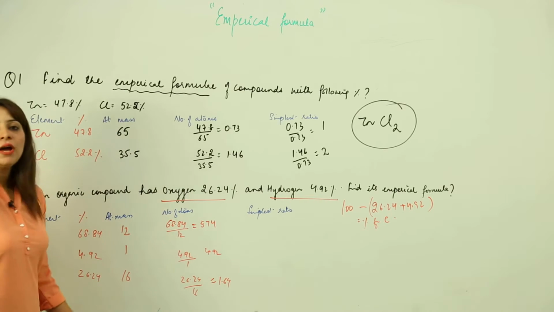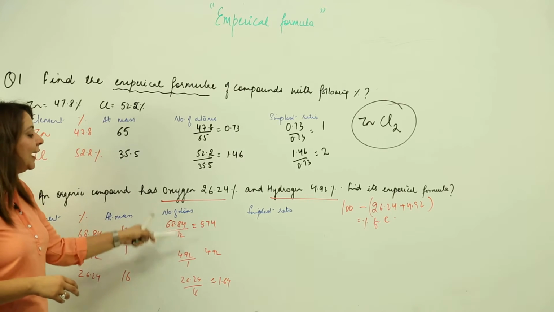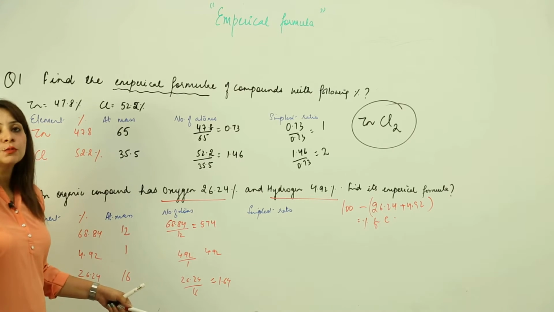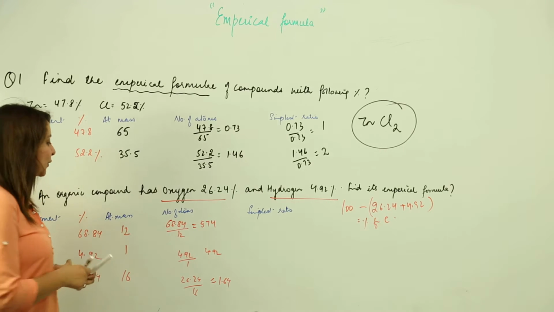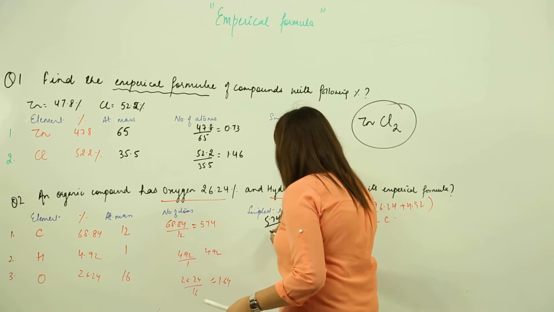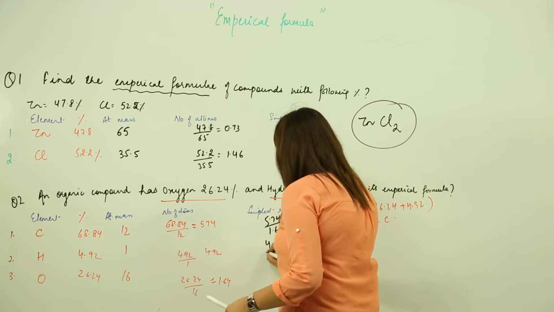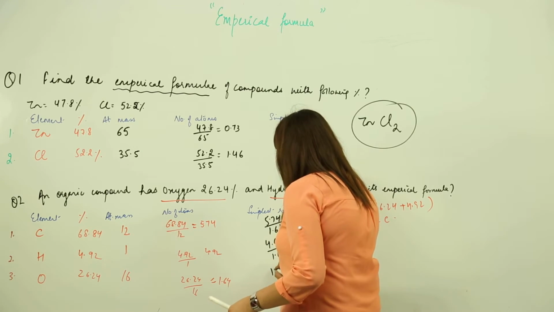You follow the same thing while calculating the simplest ratio. You need to divide these quantities by the smallest of them, which is 1.64. So we divide 5.74 by 1.64, 4.92 divided by 1.64, and 1.64 divided by 1.64.